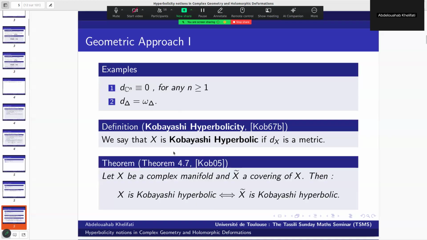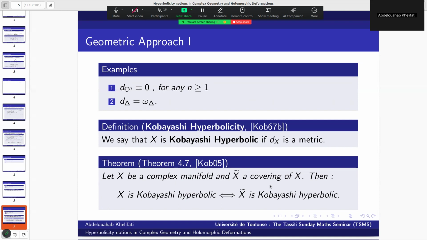One property, through which one can construct examples, is this: if we take a complex manifold and some covering of that manifold, this Kobayashi hyperbolicity property is hereditary. If the manifold is Kobayashi hyperbolic, the universal cover, sorry, the covering, is Kobayashi hyperbolic, and vice versa. And I will use this maybe to discuss some further examples.